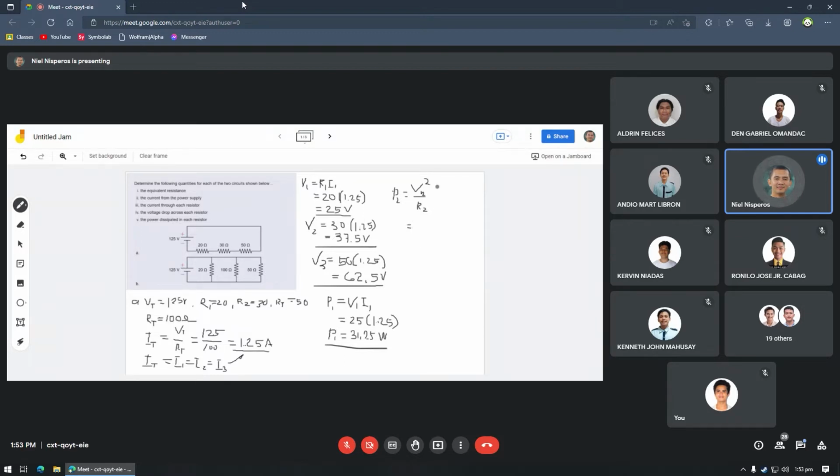So we have V across 2, that is 37.5 squared over R2, which is 30.